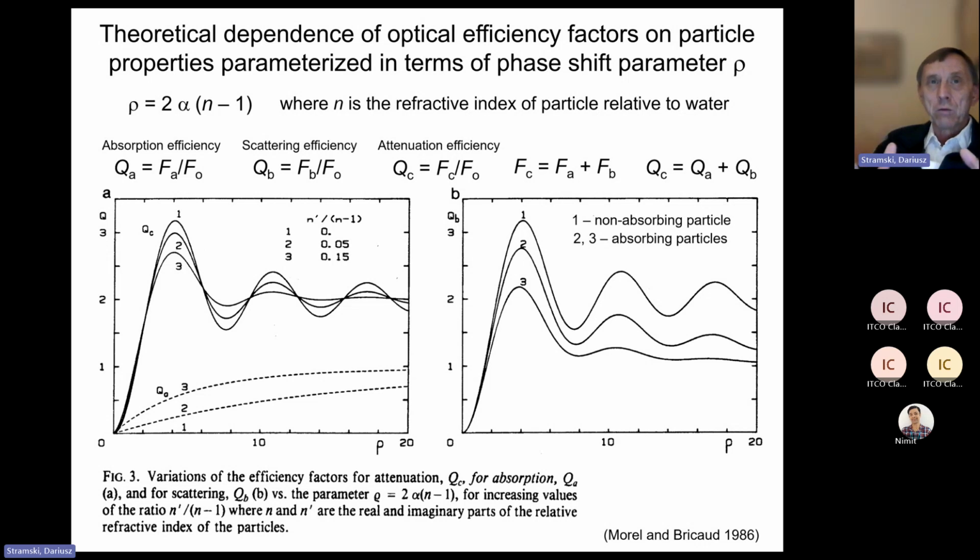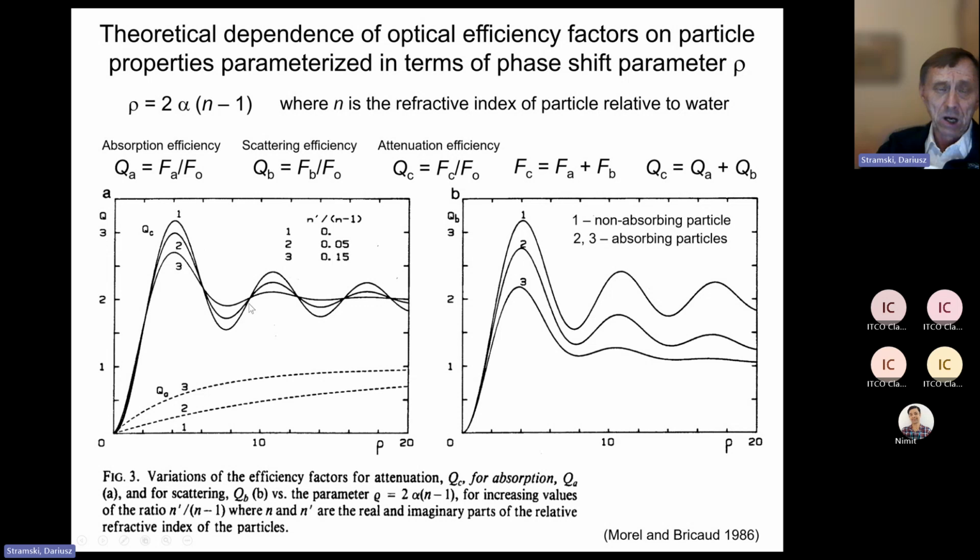Recall from one of my earlier lectures that light can also be scattered as a result of the diffraction mechanism. The wavefront of incident light in the vicinity of the edges of the particle will bend and will get scattered. That explains what is sometimes called the extinction paradox or attenuation paradox, that the efficiency factor for attenuation can be larger than 1.